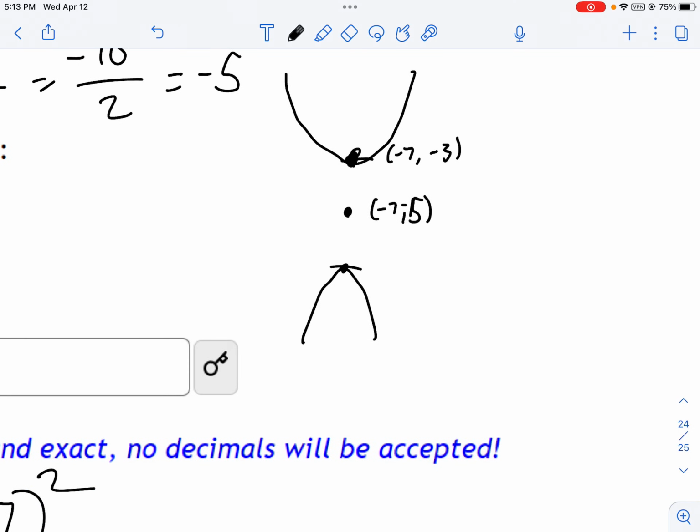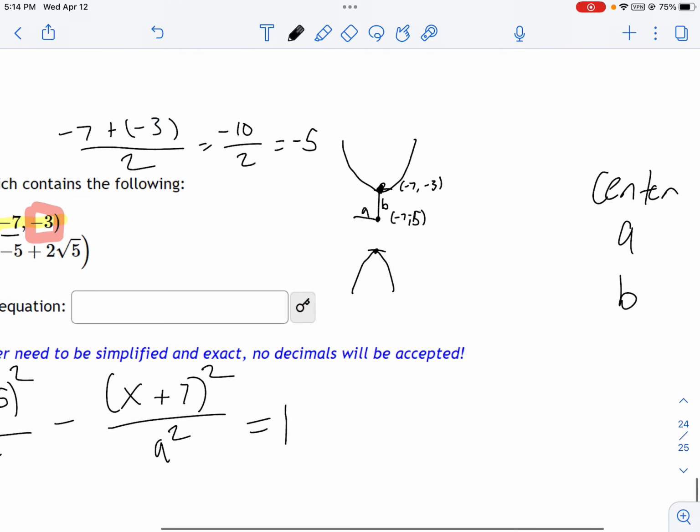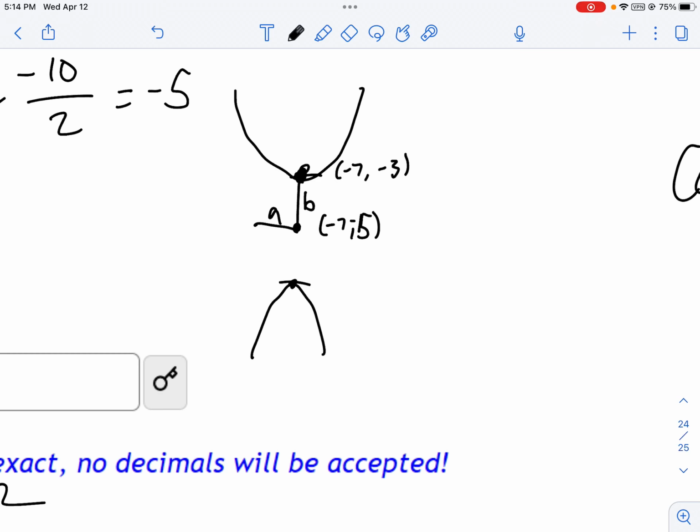Okay? Then essentially, b is the distance between your center and your vertice, because it's a vertical hyperbola, right? Which means that the vertice is going to be the main distance there. It's your b value. And then your covertice, right, is going to be the a value as you go to the left and right. Okay? So from there, you could say, all right, well, now we know.